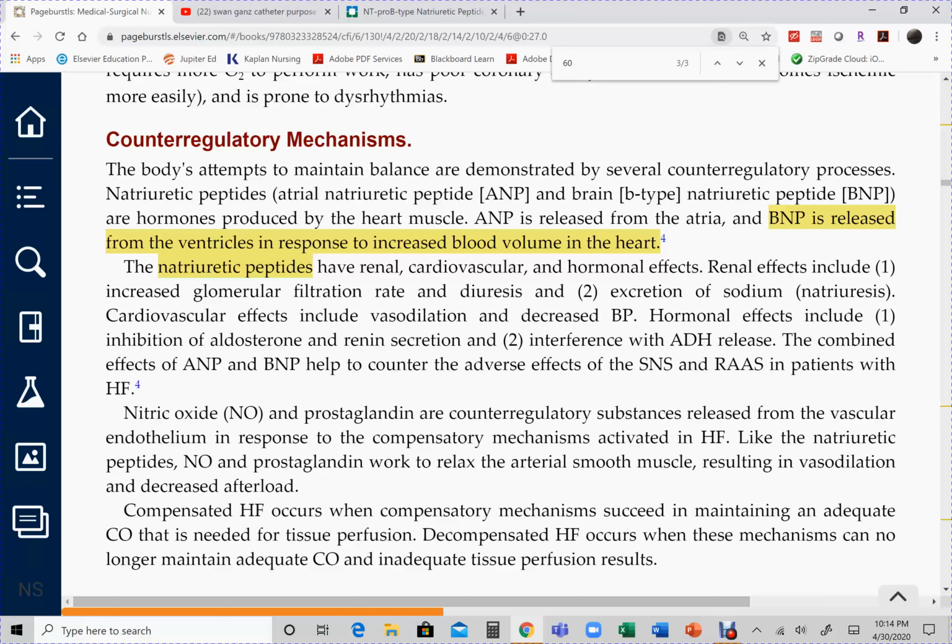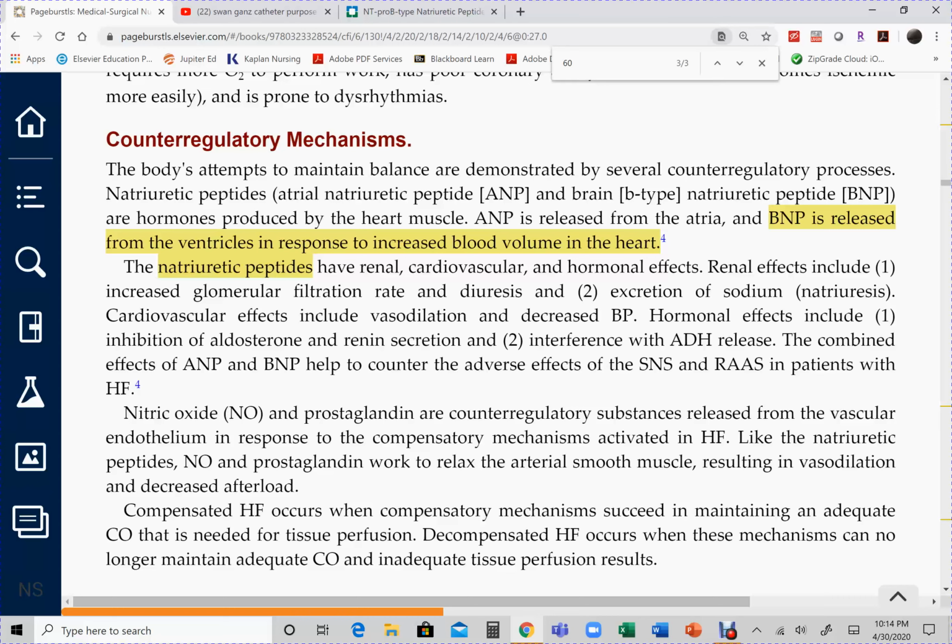We said that this will be the opposite of aldosterone, it'll have the opposite of RAS, meaning instead of vasoconstriction, this will cause vasodilation, and instead of reabsorbing sodium and water like aldosterone does, this will do the opposite. So instead, this will cause diuresis.